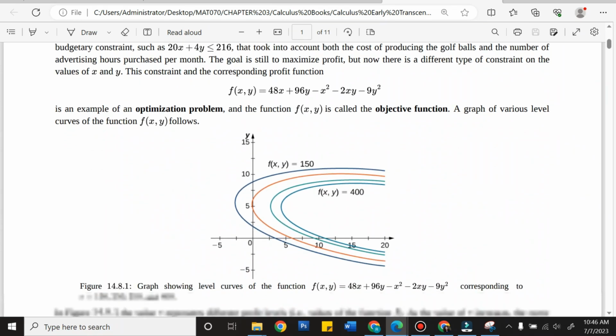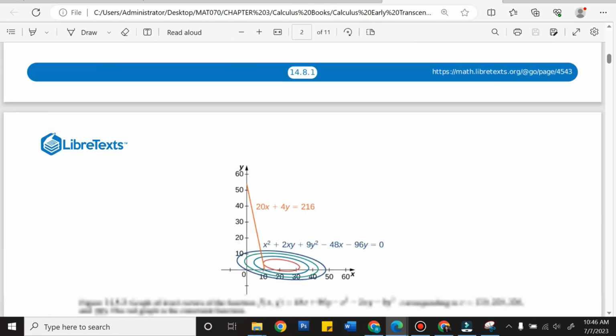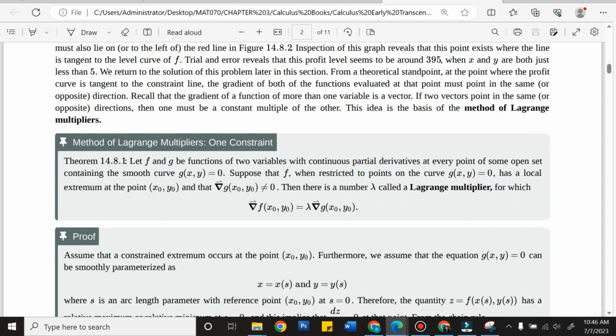Okay, so let's proceed to the definition. Let f and g be functions of two variables with continuous partial derivatives at every point of some open set containing the smooth curve g of x, y equals 0.